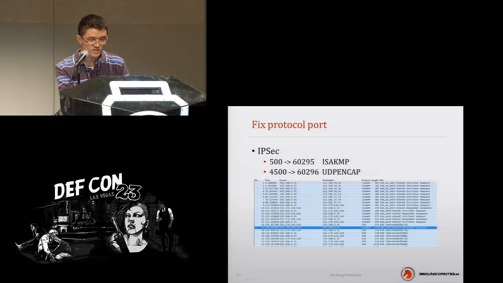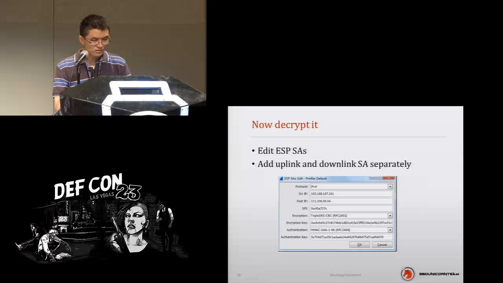First, we reassign the port from 500 to ISAKMP and 4500 to UDP in Wireshark. And now, adding this password from the log, we can decrypt it.